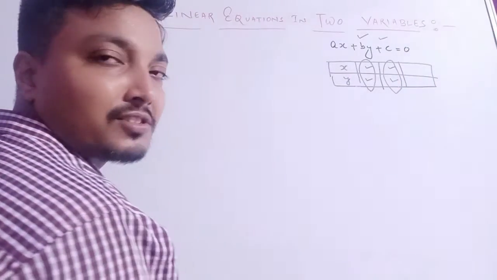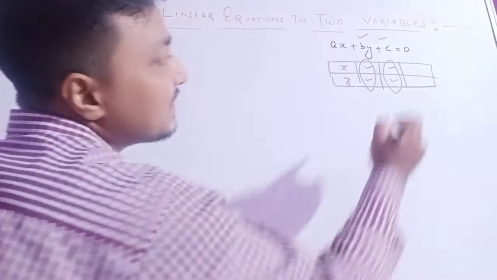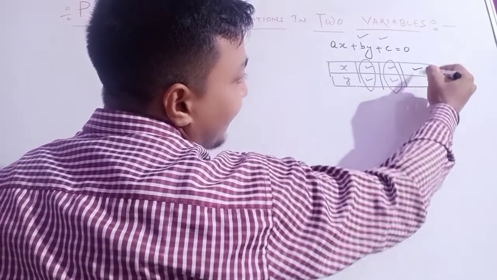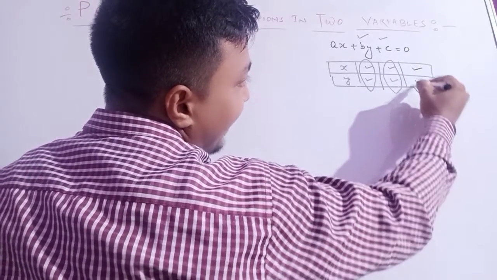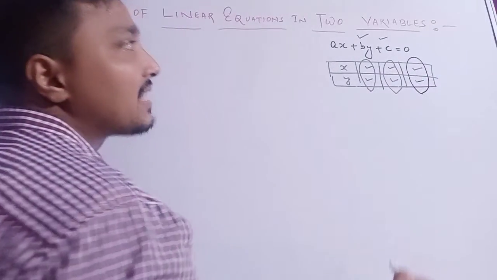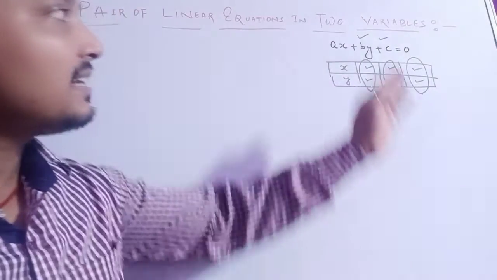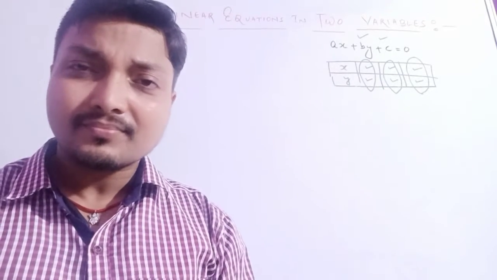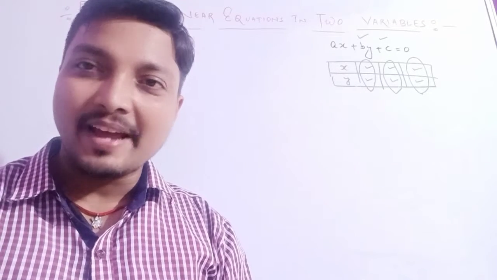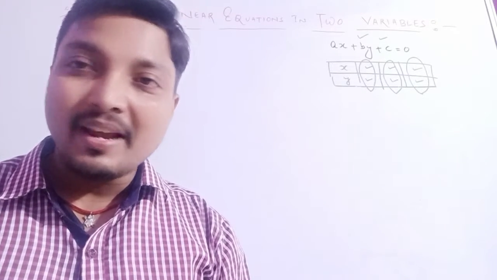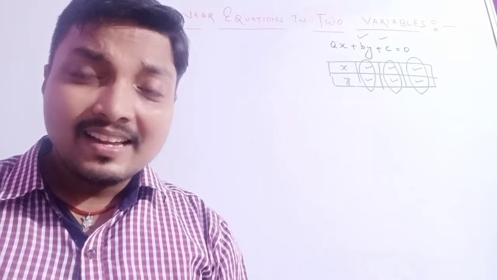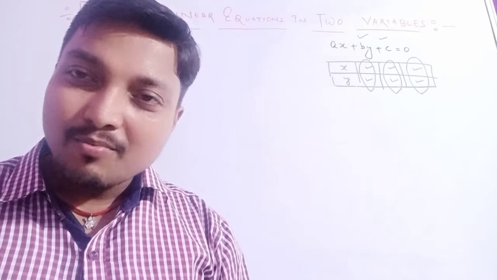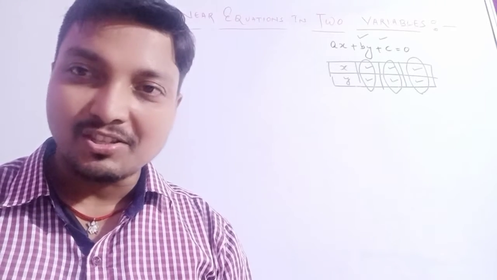Similarly, you can get another one, and this pair also we can call another solution of these linear equations. So it was said to you that a linear equation in two variables has infinitely many solutions.